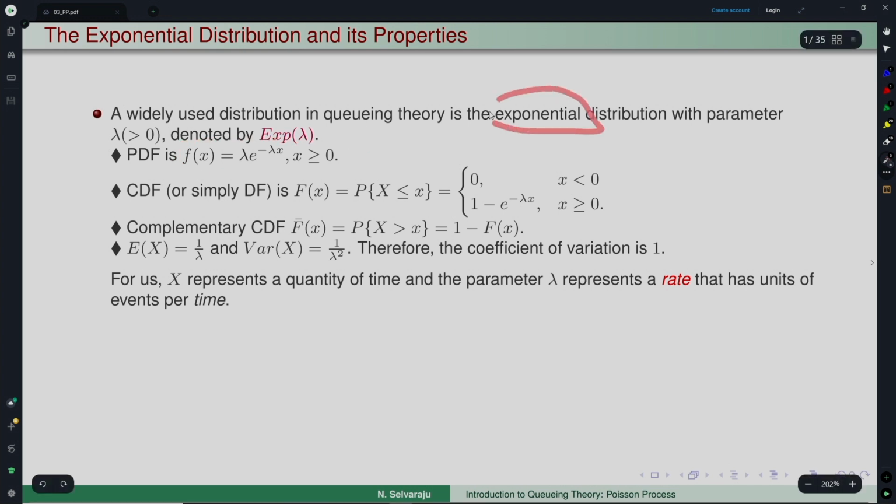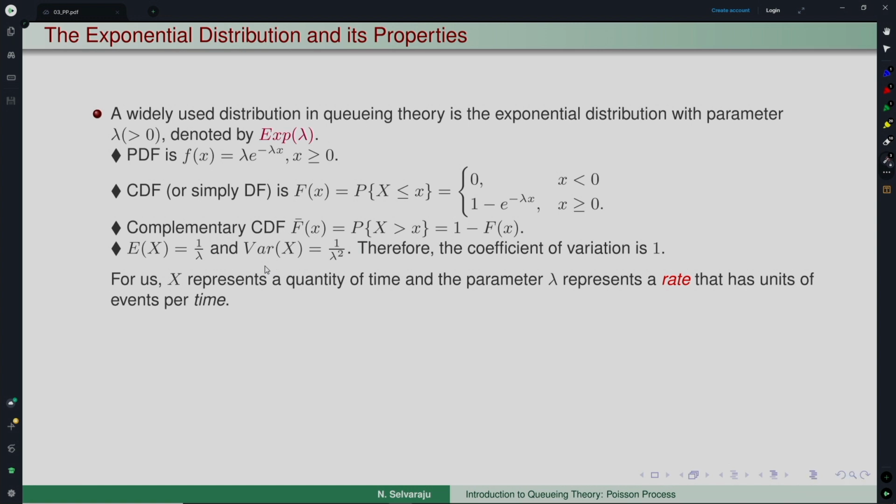We will call it simply exponential with parameter lambda, denoted by exp(lambda). It has its distribution function as you know already, and the complementary distribution function, the probability of X greater than x, is 1 minus F(x), which is simply e to the power minus lambda x for x non-negative. Its mean is 1 by lambda, and variance is 1 by lambda square.